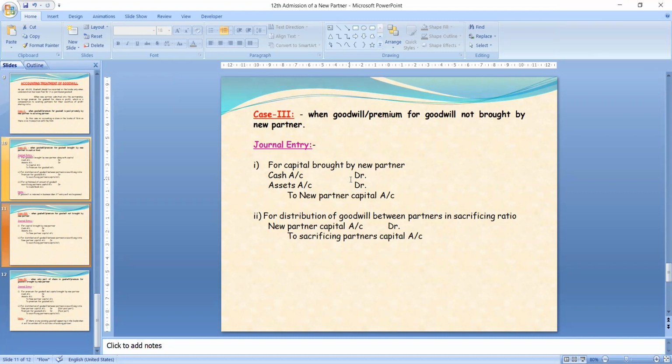It is like when you have something to receive from someone and he is not paying. Say you have a building given on rent, and the person has given you 1 lakh as a deposit, and the monthly rent is 10,000.